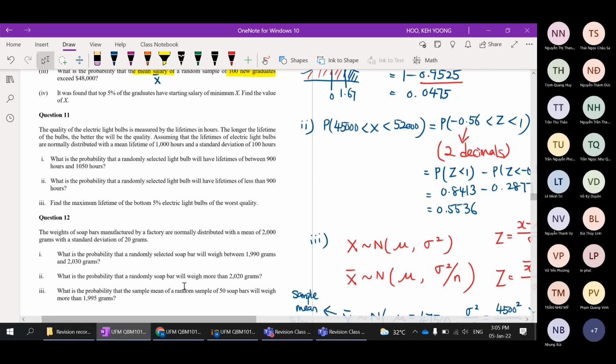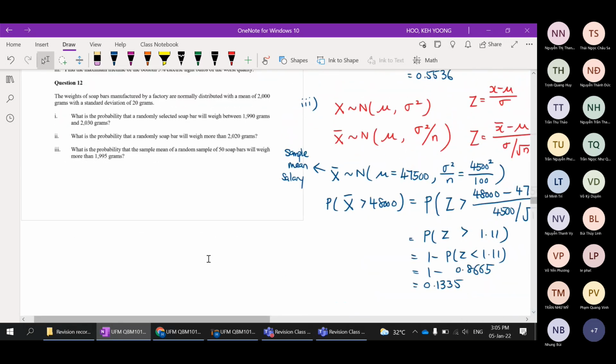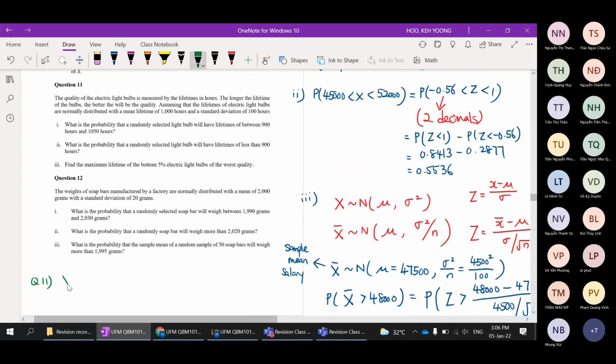Do you guys want to try it first and then we discuss the answers, or we can do these questions together? Have you tried? Maybe I'll let you try question 12 later. I'll do one more question for you. Question 11: what is the variable here that we are measuring?